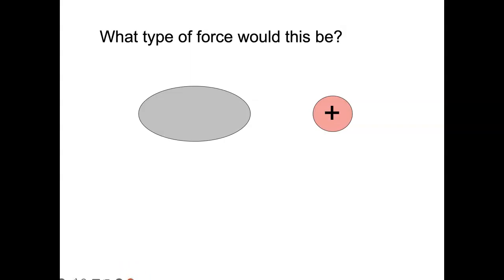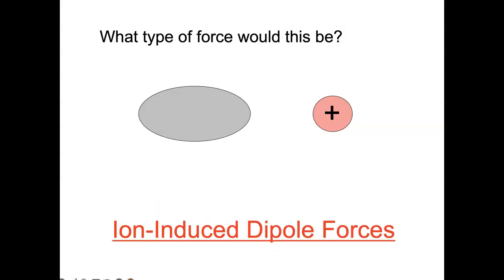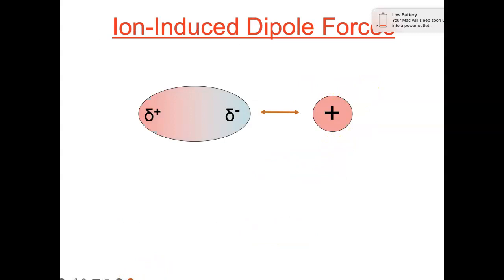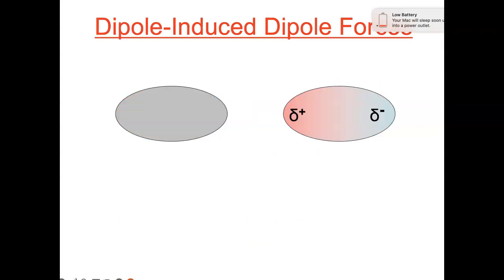Hopefully you were thinking that's an ion on the right, that positive ion, and we're going to have a London dispersion or an induced dipole force right there. How about this one? This is a dipole-induced dipole force right here.